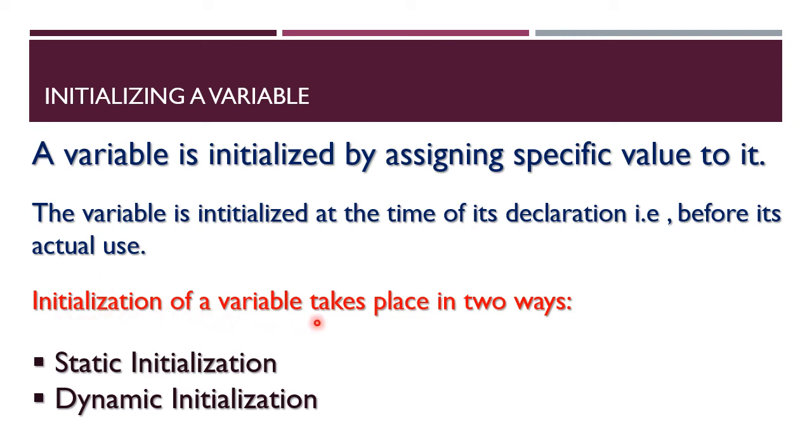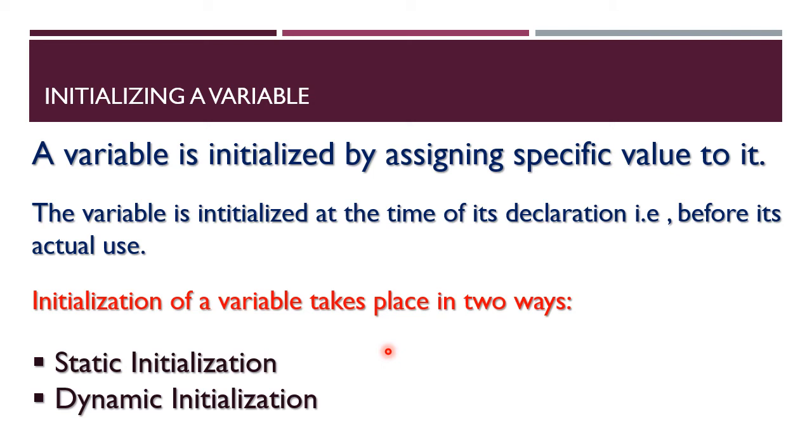Initialization of a variable takes place in two ways. One is static initialization and the other one is dynamic initialization. Suppose in your program you have declared two variables of type integer, int a comma b. Then for those two variables some memory space of 4 bytes will be created in the memory, and that memory location will be identified by a and b.